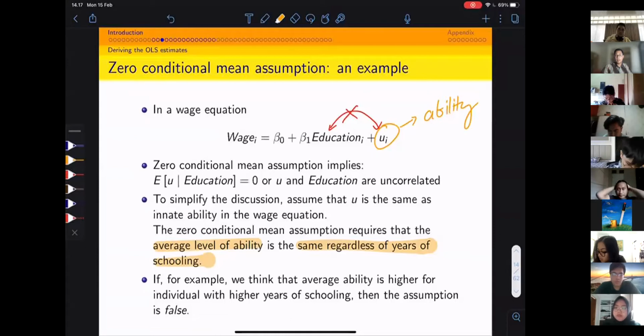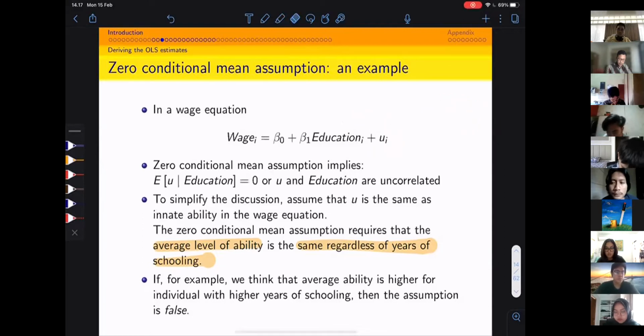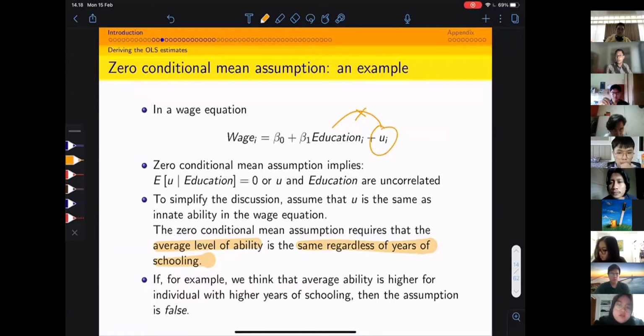Okay, just to go back, just to make sure that everyone is on board with the idea. Again, the zero conditional mean assumption requires that there is no correlation between the factors that we do not observe and the main independent variable of interest, in this particular case education. Now, to verify whether or not the assumption is true or false, you can identify a particular variable.